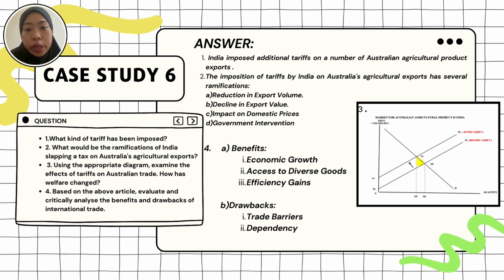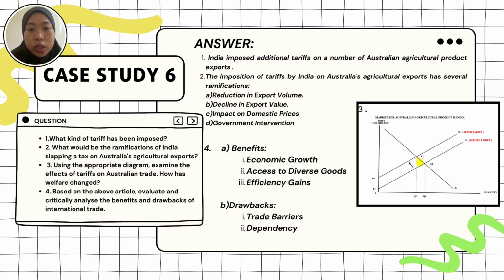The new equilibrium point is at a higher price and lower quantity than before the tariff. This shift results in loss of welfare as shown by the yellow shaded area, which represents the deadweight loss due to the tariff.